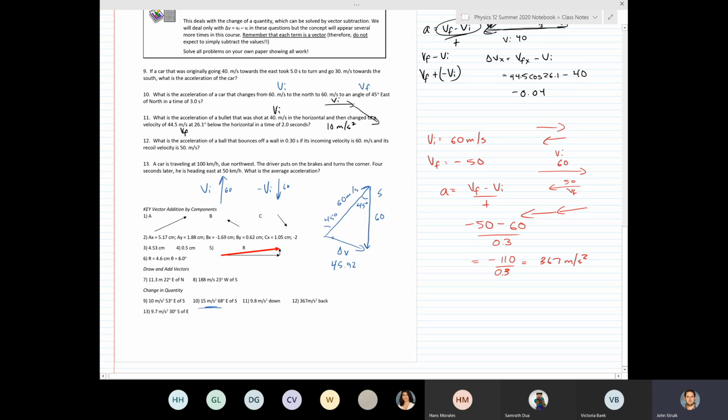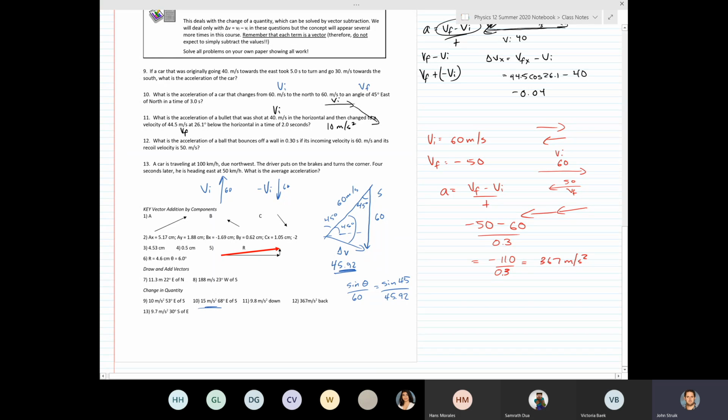And then the angle, we need this angle right here. Now keep in mind that this horizontal line, this is 45 degrees right here. So we're going to find this entire angle. So let's go sine theta over 60 equals sine 45 over 45.92. Because it's the delta V that you're doing, it's not the 15.